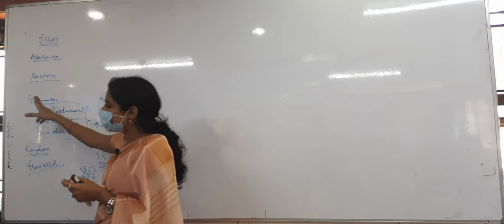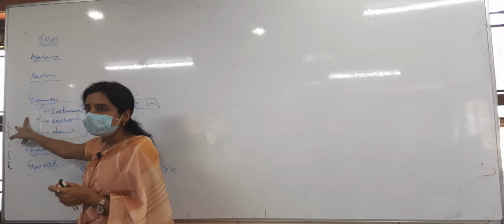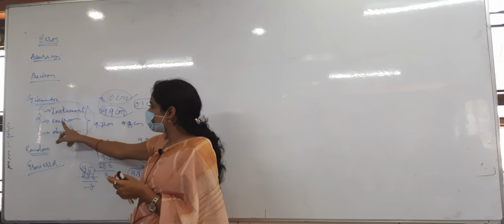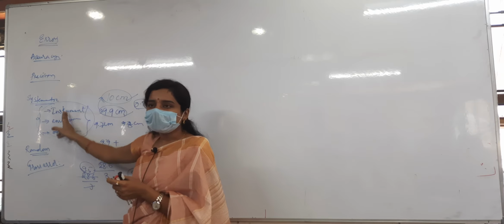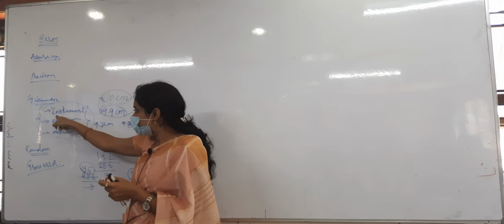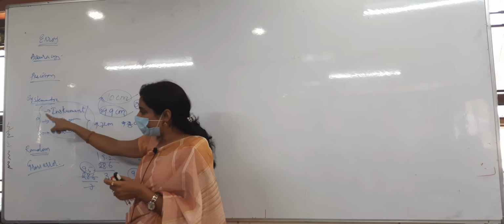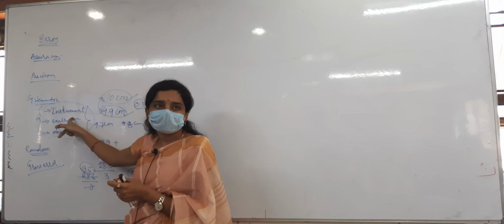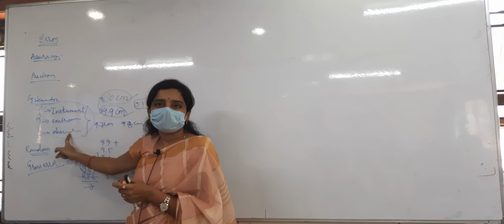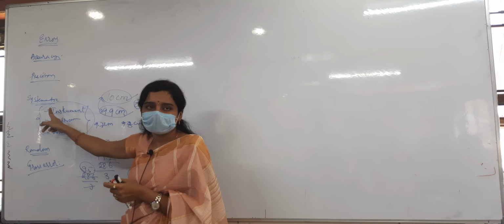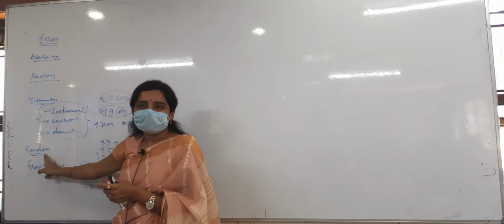So systematic errors are due to known reasons. There are 3 types: instrumental, environmental, and observational. We can reduce these easily by replacing the instruments, doing the experiment in a closed environment, and making proper observations. Then the next one is random errors.